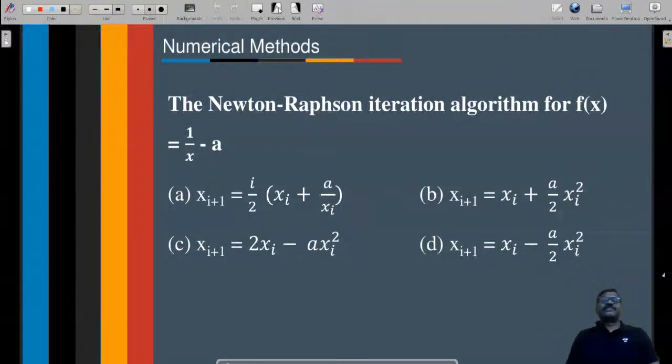Two xi minus a xi square. Third option is correct. Understood?